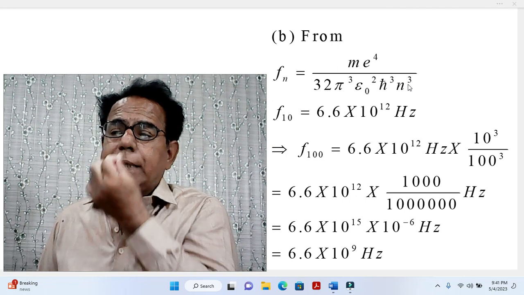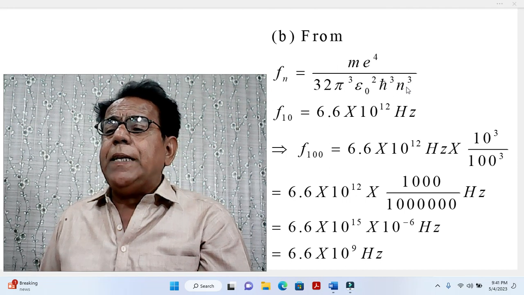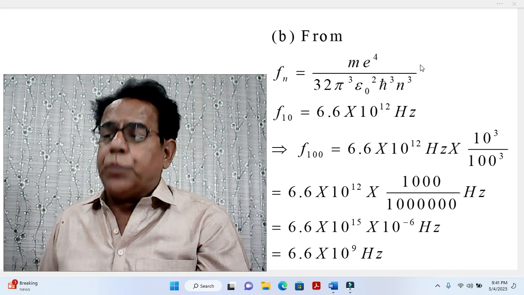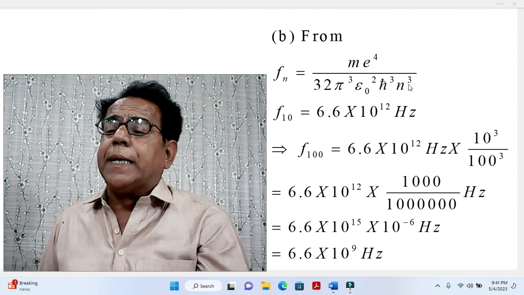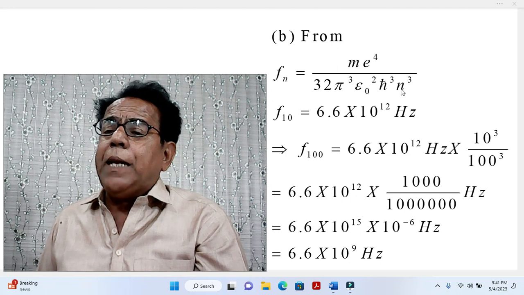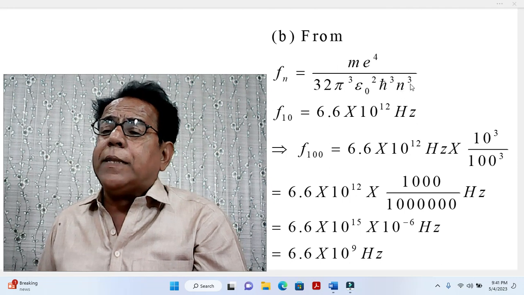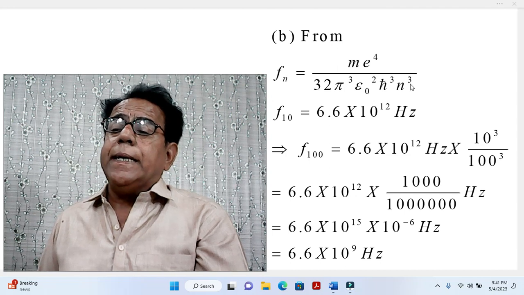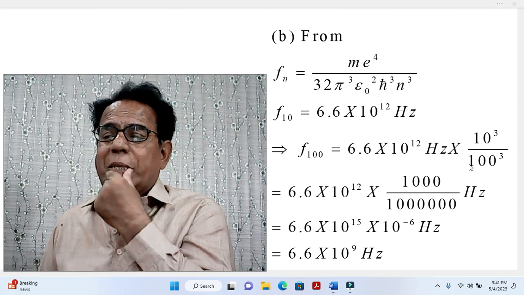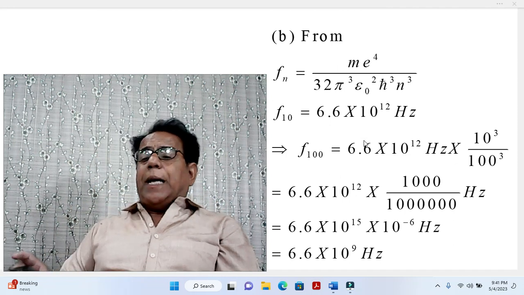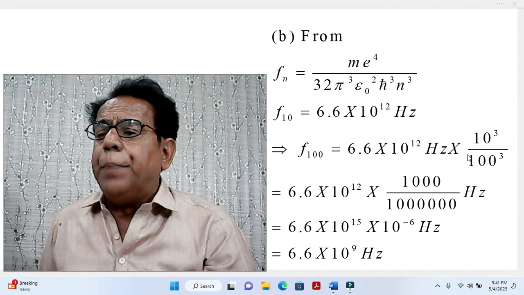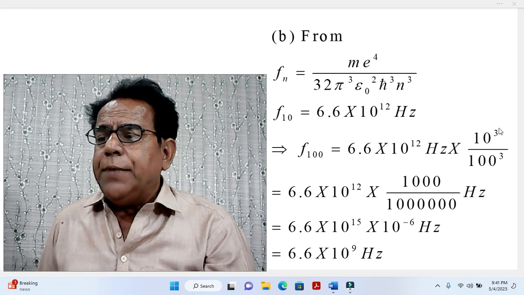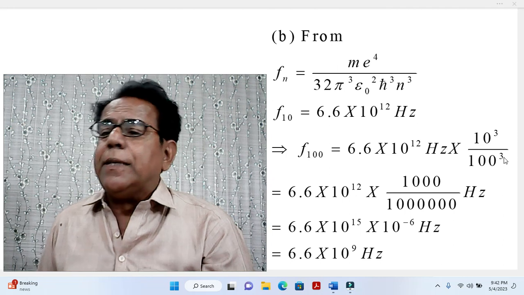We will multiply it by 1000 so that it is eliminated, and divide it by 100 raised to the power 3, that is 1 million. So the same thing we have applied here: this value multiplied by 10 to power 3, divided by 100 to power 3.